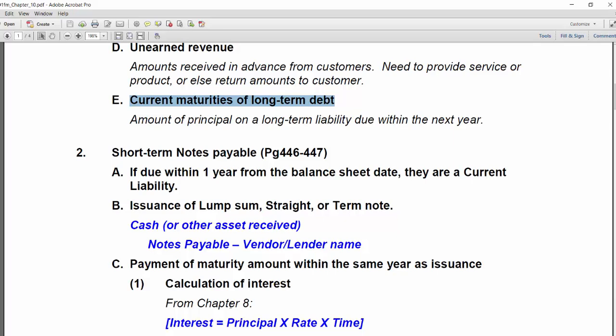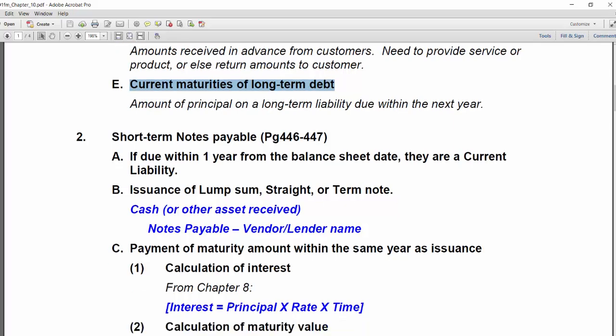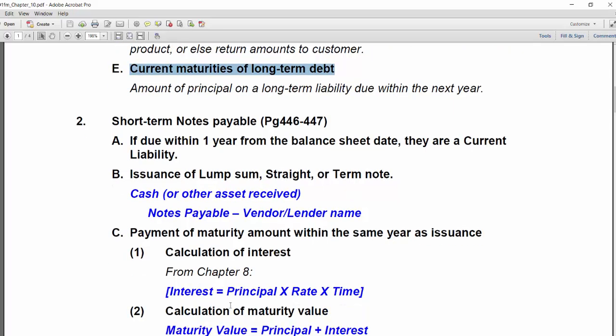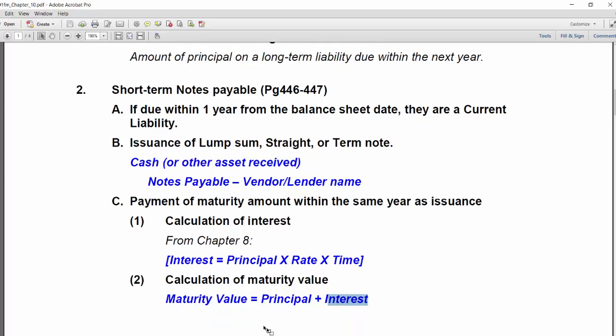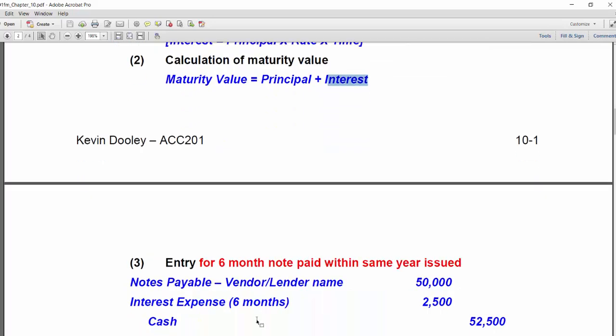You get the interest by principal amount borrowed times interest rate times time. And you calculate how much is going to be paid back by looking at the principal amount that was borrowed and the interest that you've calculated up to the date of maturity or repayment.